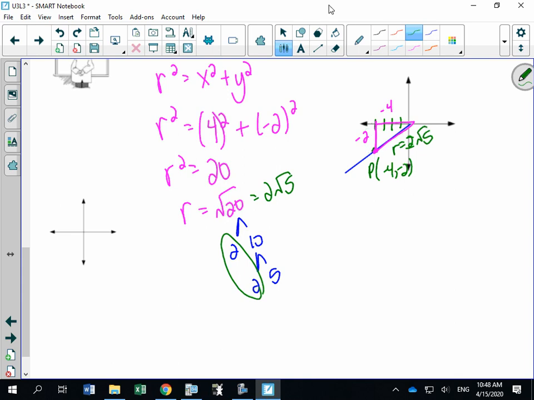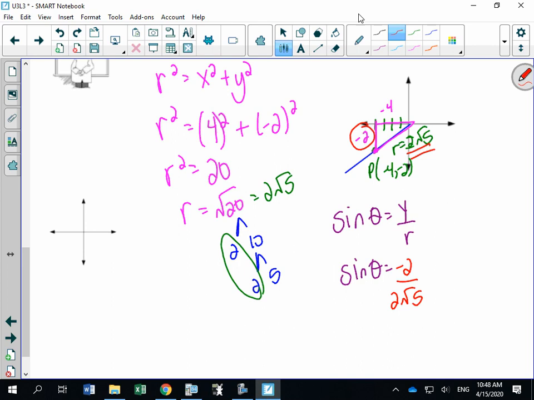So what are the three trig ratios? The sine of theta: sine is opposite over hypotenuse, which is y over r. Y would be negative 2 over r, which is 2 root 5. That would be the sine of theta.